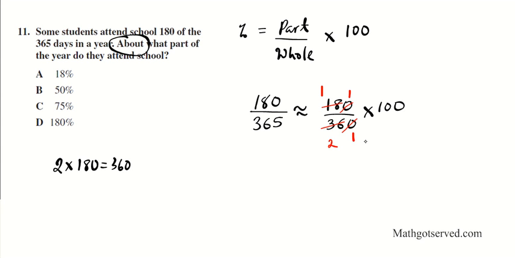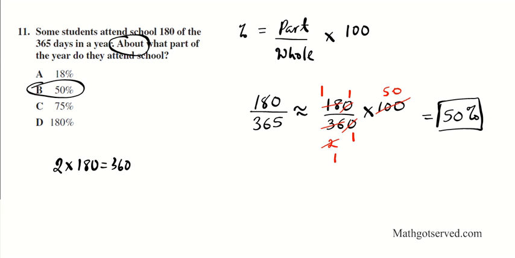Now 2 goes into 100 how many times? 2 goes into 100 50 times. So 2 goes into itself once, and then it goes into 100 50 times. So your final answer when you multiply across is going to be 50%. Remember, you multiplied by 100. That's why it's a percentage. All right, so your answer for number 11 is B.